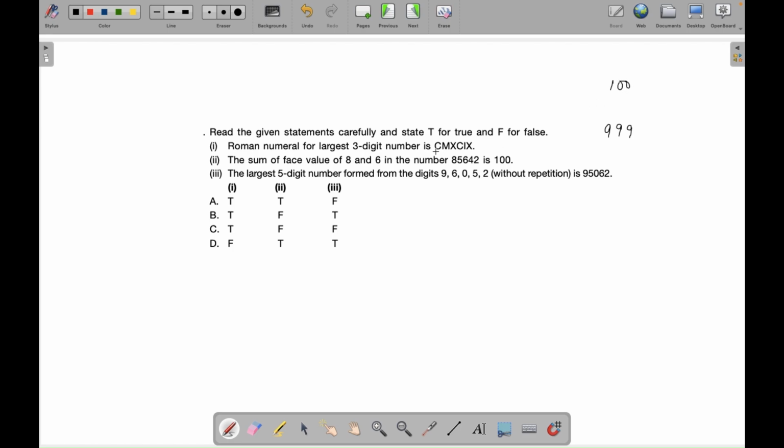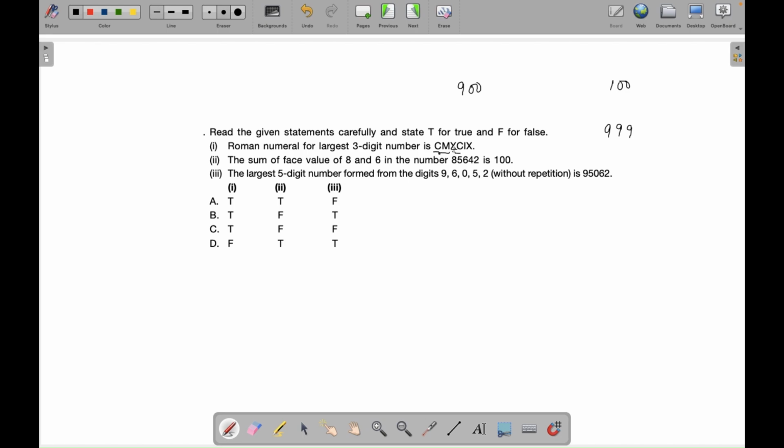Right, now we'll see whether this Roman number represents 999 or not. Again, we'll divide this into multiple groups. For example, CM. M represents 1000, C represents 100. Since a smaller letter is placed before M, we'll subtract. So it'll give us 900. Similarly, we have XC. C represents 100, X represents 10.